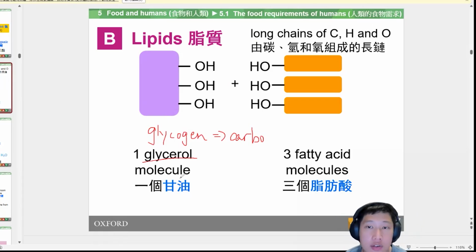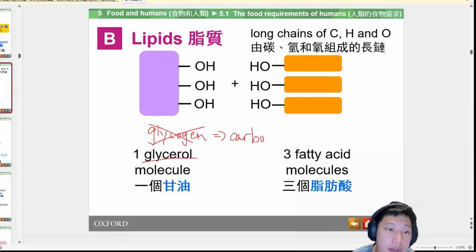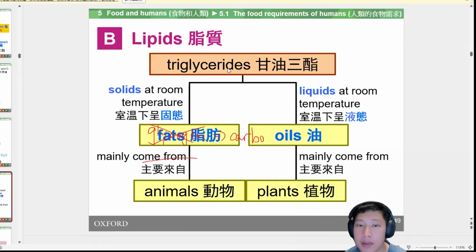One glycerol molecule will be combined with three fatty acids. Remember, not glycogen, but if glycerol combines with fatty acids, we will form what we call the triglyceride. The triglyceride is a type of lipid.